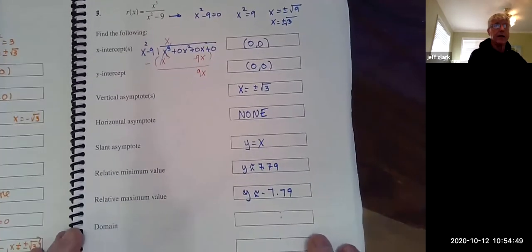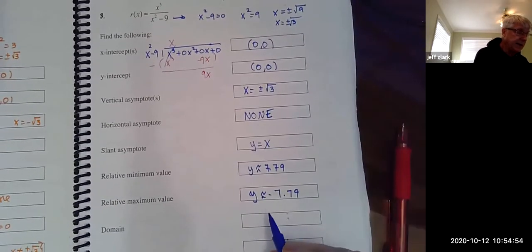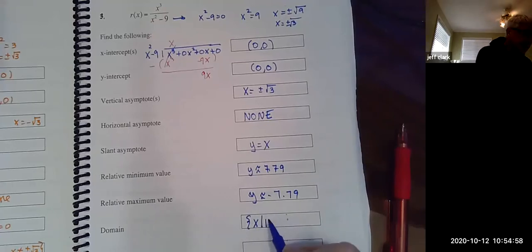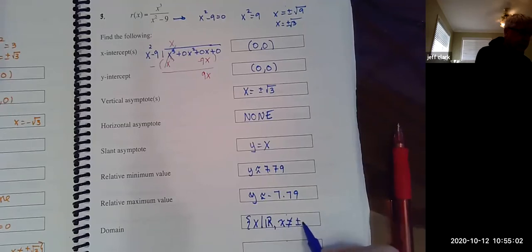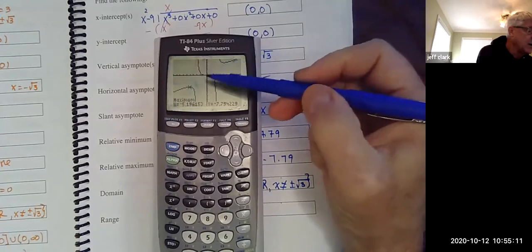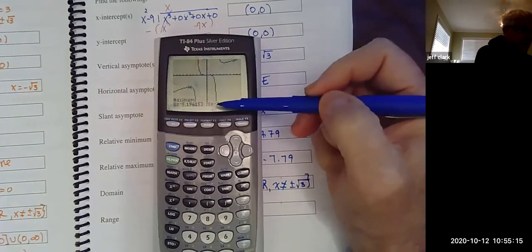Now the domain, I have to exclude these guys. So the domain would be x such that x is a real number, x just can't be plus or minus square root of 3. And the range is a little more challenging. Now the range, I can go low to high. Are there any y values missing as I move up?